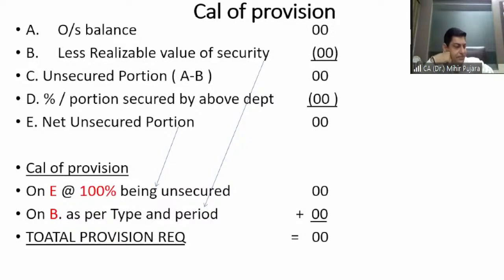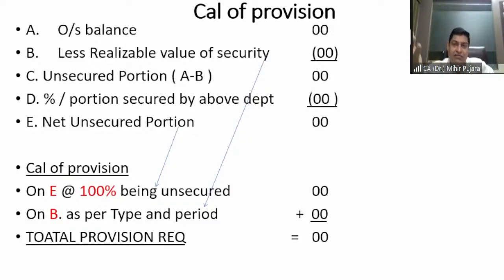First, start with the outstanding balance less realizable value of security. So you get the unsecured portion. From this unsecured portion, we subtract the amount secured by the above department, that is ECGC and DICGC. The last is the net unsecured portion.